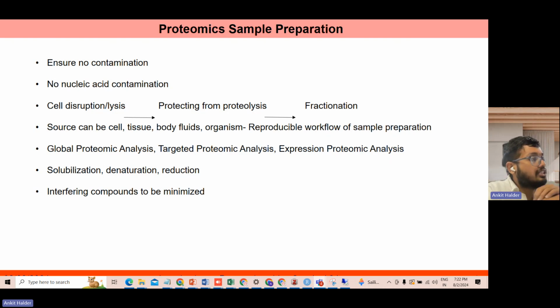That's why we do reverse-phase fractionation using a pH-based gradient, or using different hydrophobicity, or any property of the proteins. If we run those separate fractions on a gel, the number of proteins that come up in the gel would be lesser.